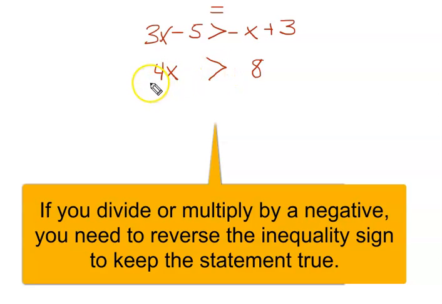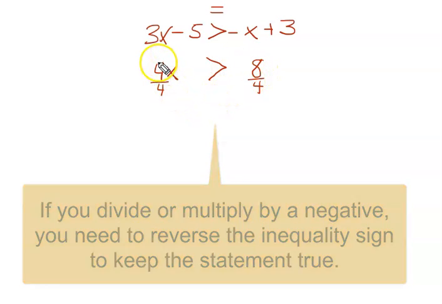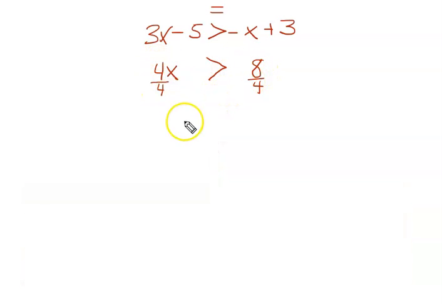But since we're going to divide by a positive 4, the inequality sign stays the same. So here this just becomes a 1x, that we don't write the 1, and is greater than 2. And again, you have to be careful of the signs, and if you're ever dividing or multiplying at this stage by a negative, then you have to reverse the sign to keep the statement true.